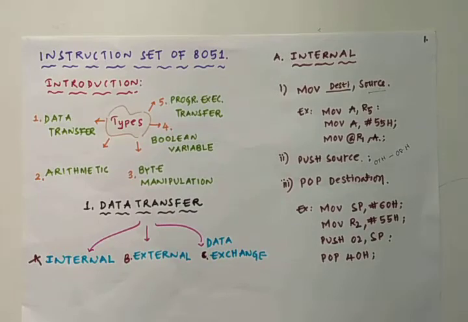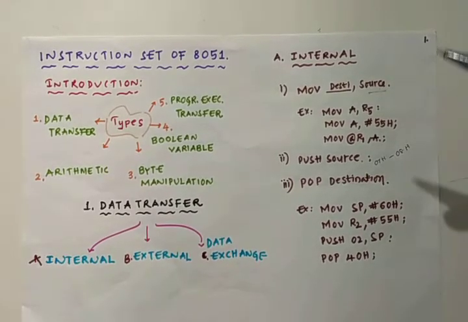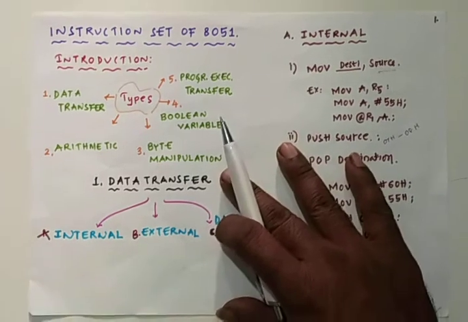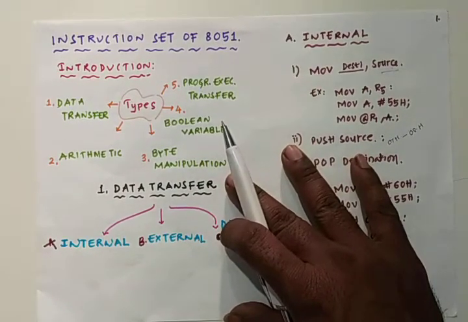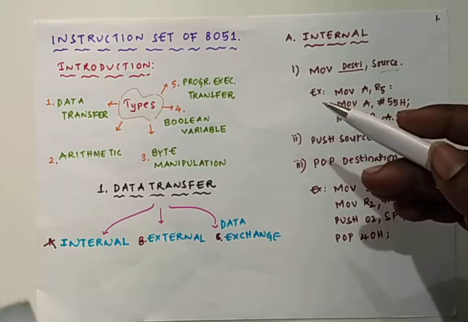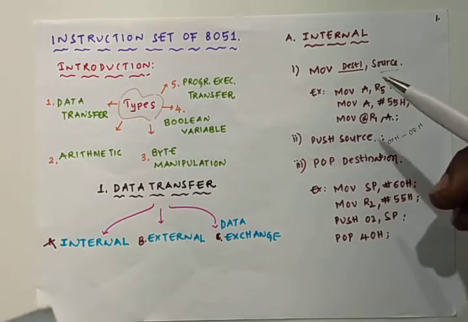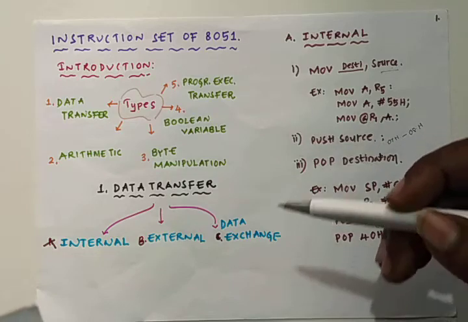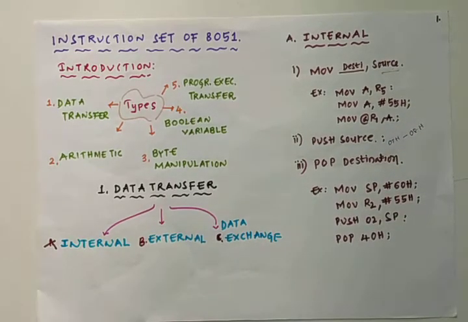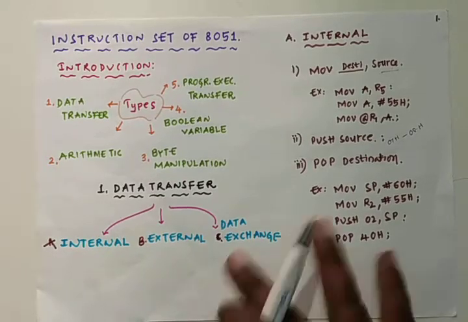Before it copies the data from the source, the stack pointer is incremented by 1. The stack is defined in internal RAM, and its starting address can be 08 to 7F, as we just explained.